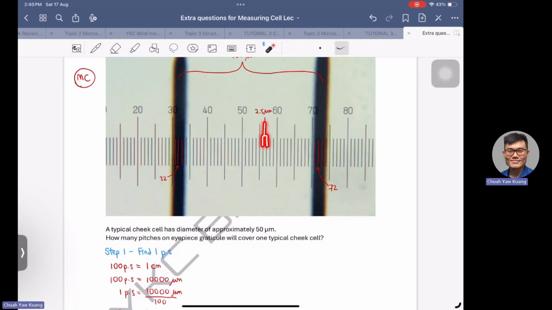So we know the size here. Then step number 3. Step number 3 is now we can use the eyepiece reticule to do the measurement.